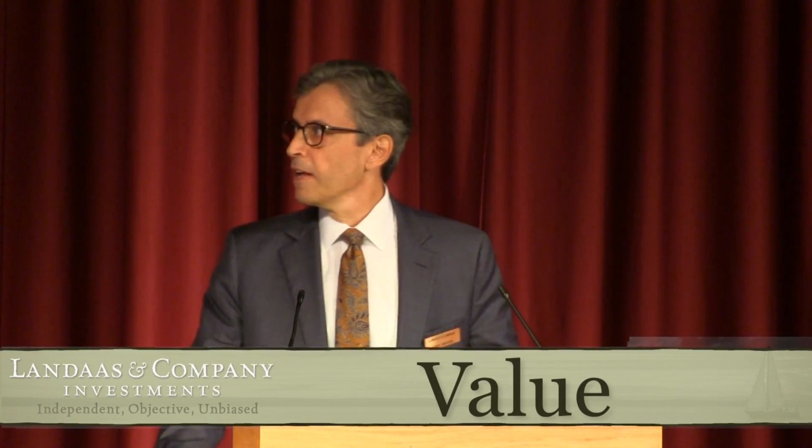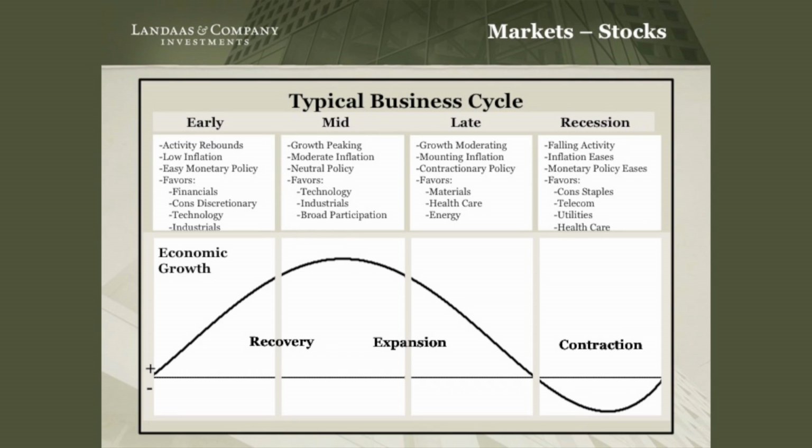So when do the different types of value stocks tend to do well? Well, if you look at this chart, over on the left-hand side, in what we call the economic growth phase, the early part of a typical business cycle, you see that the financials usually do well. The economy is rebounding, activity is up, people are looking for home loans, businesses are borrowing money, so you would expect the banks to do pretty well in this environment.